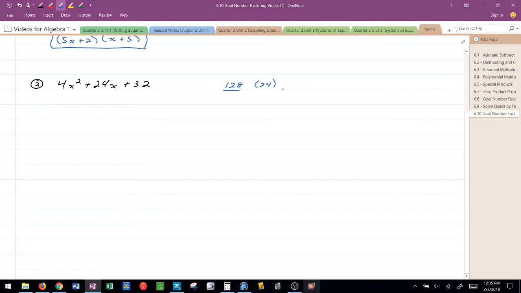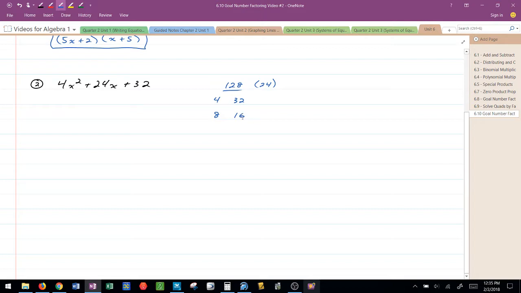All right, well, let's see. I know that 128 is 4 times 32, but that adds to give me 36. So I need something a little bit different from that. What about trying 8? Now I know 128 divided by 8 would give me, let's see, 8 goes into 12 once, 48, so that'd be 16.